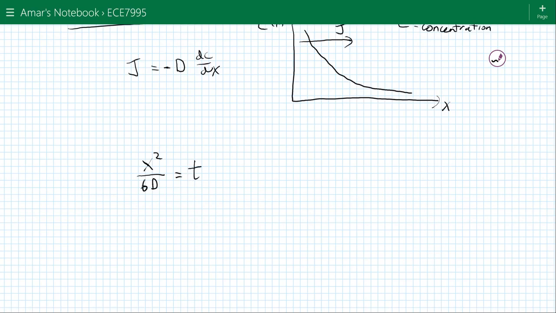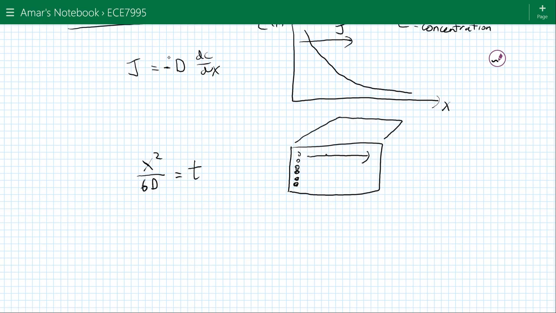All right, and this is describing the process by which, let's suppose you have a high concentration of molecules on one side of the cube. How long will it take for these molecules to get to the other side of the cube? Okay, so we're talking about three-dimensional diffusion here. How long will it take for these molecules to get over here? In other words, how long will it take for the entire cube for the concentrations to equalize?